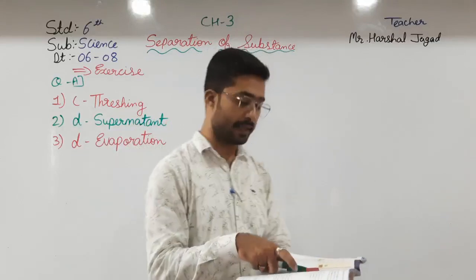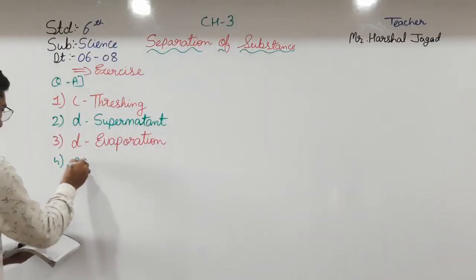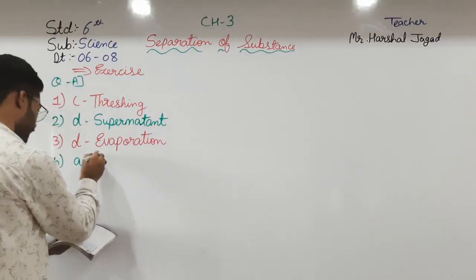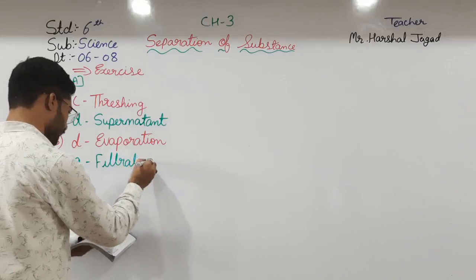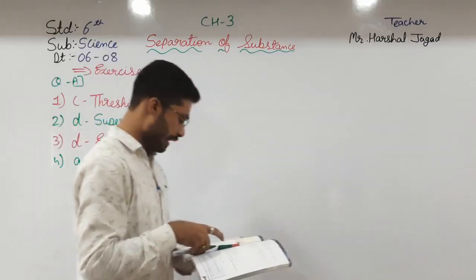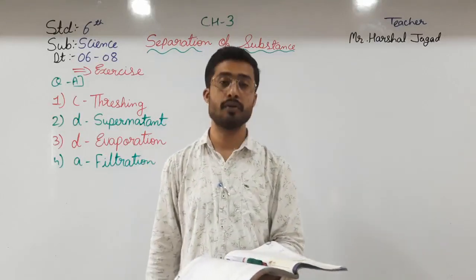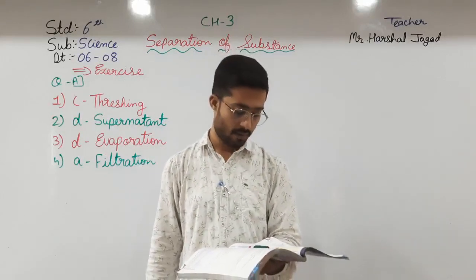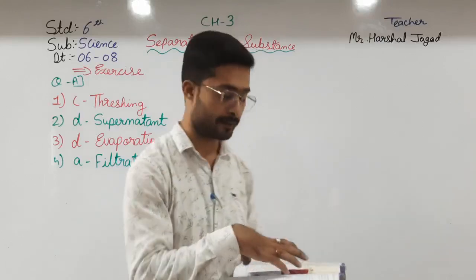So here A, that is filtration. Then the fifth one: which of the following is insoluble in water? Salt, chalk, sugar or baking soda. So here it will be B, chalk.